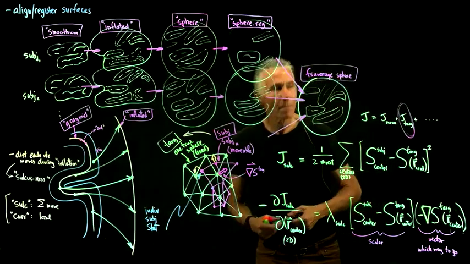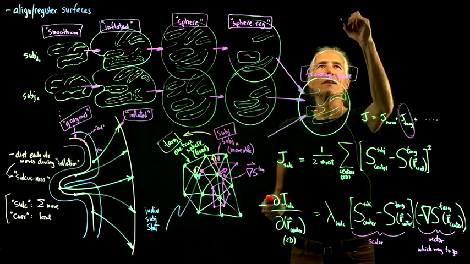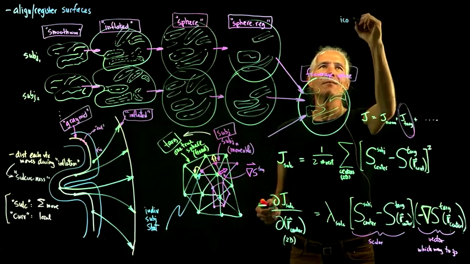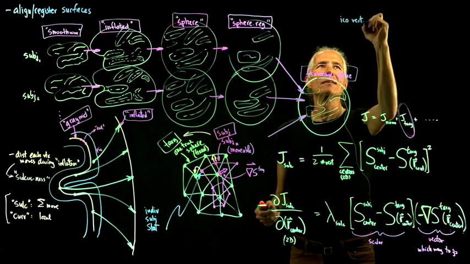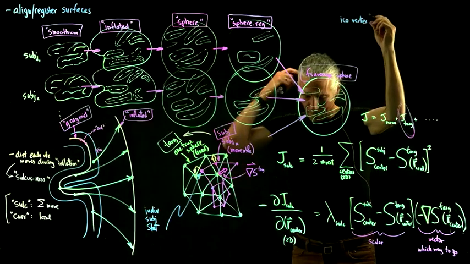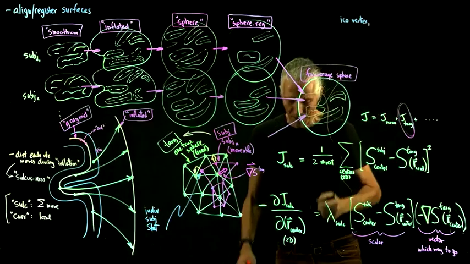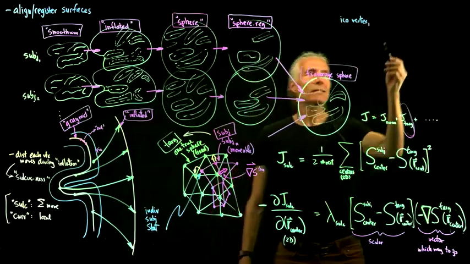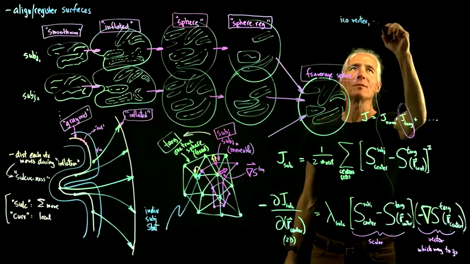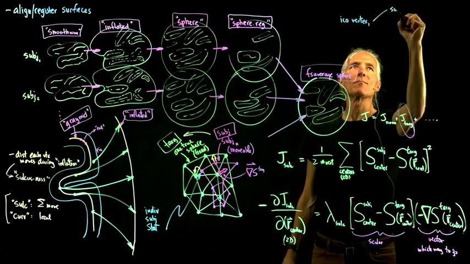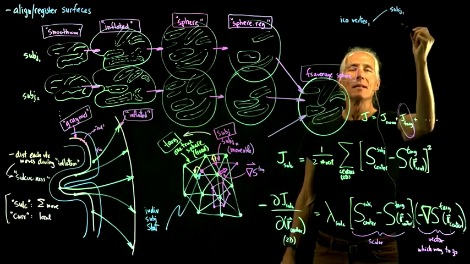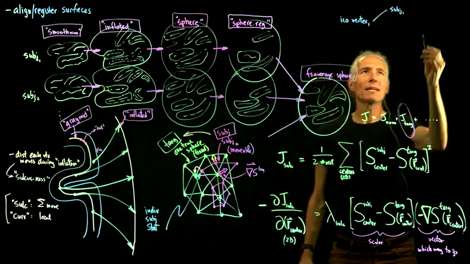You'll end up with, here's icosahedral vertex number 1. And what is that going to have? It'll have data from each subject. So here's subject 1. And there's going to be a whole bunch of data from subject 1.